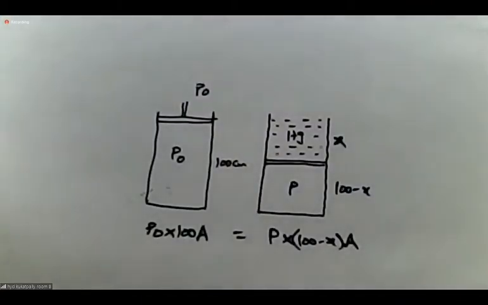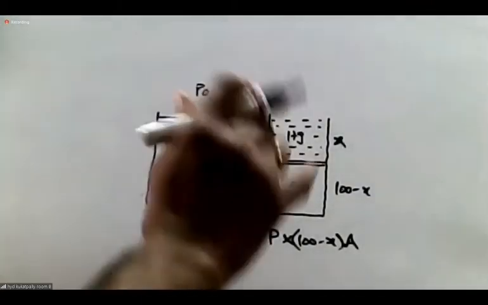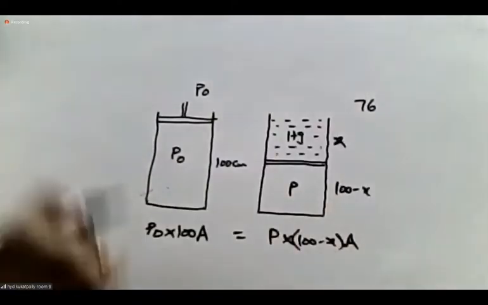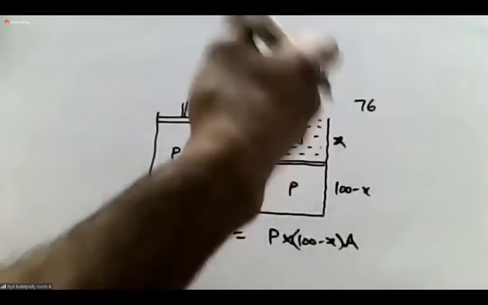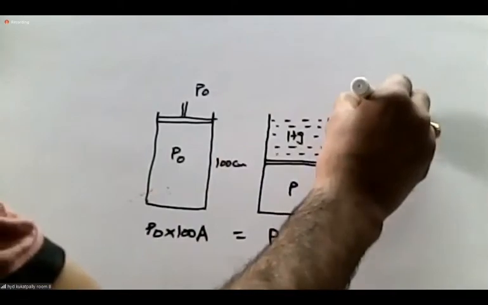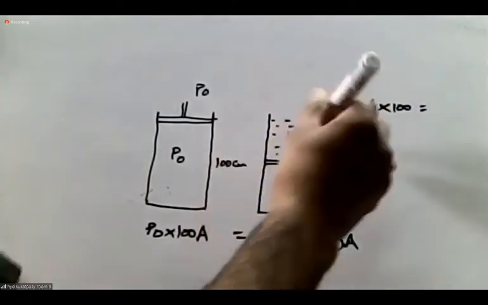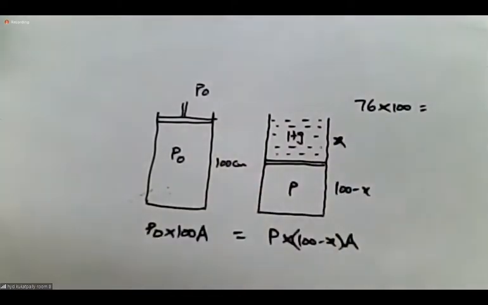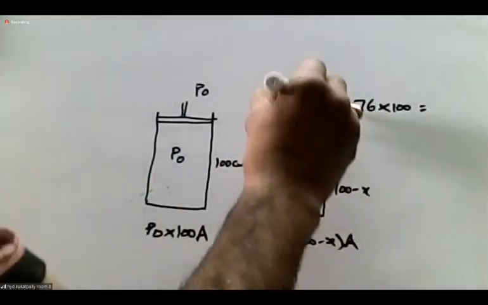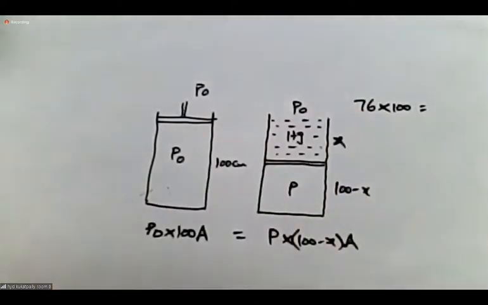Okay, then sir, P naught, how to write? P naught you write 76 into rho mercury into g, those terms will get cancelled, into 100 is equal to P. How to find pressure P? Outside is open to sky, P naught.